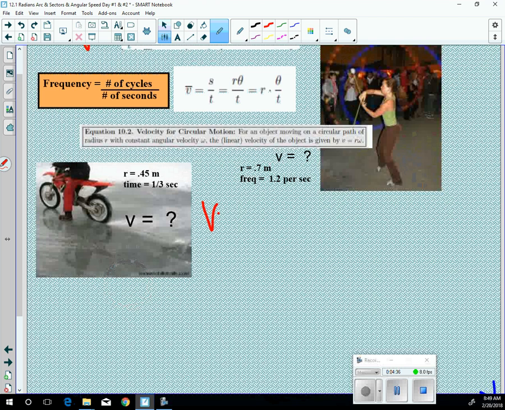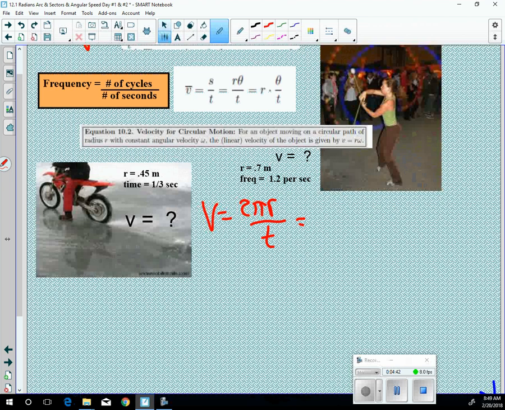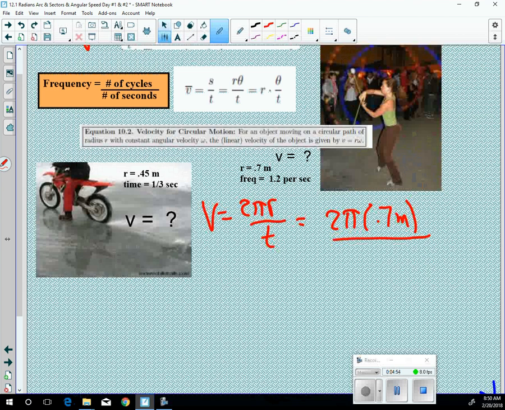The velocity is 2 pi r over the time. Now, I get the 0.7 meters. She's got the Eskimo yo-yo going here. 2 pi r, 0.7 meters. But then for the frequency, it looks a little tricky. Look at the units. It's 1.2, 1 over seconds.